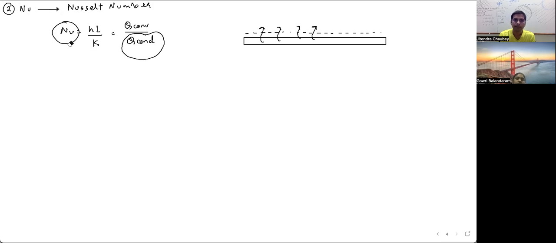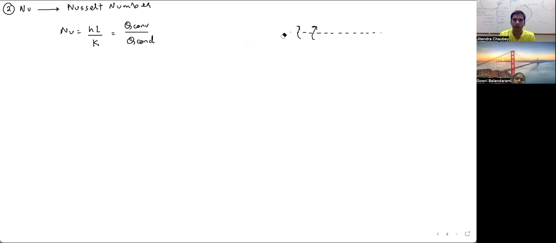Are you getting me? In the simplest manner, you can say that if the fluid was given only to perform conduction, it would have this magnitude. If the fluid is asked to participate in convection, it would give you this value.